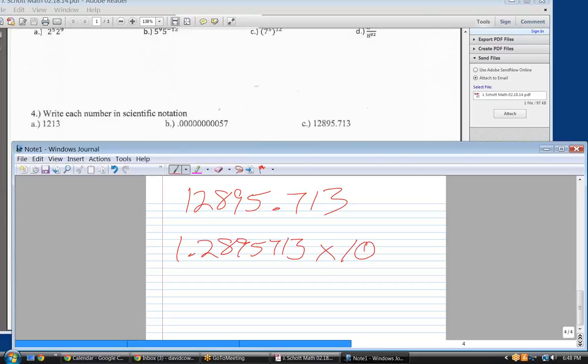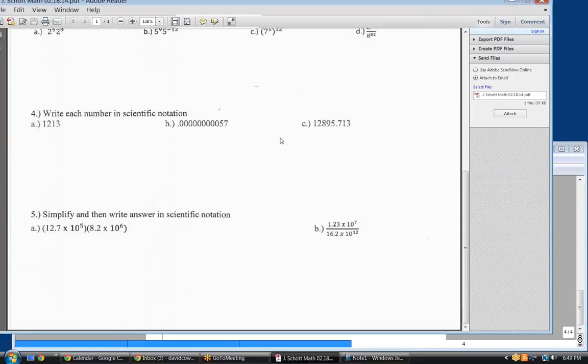How many spots do I have to move that decimal point to get it to where it is? 4? That's how you do it. If you have to move the decimal point to the left, it's a positive 4. If you have to move it to the right, like we did in this one, it's a negative, however many spots you have to move it. Okay?